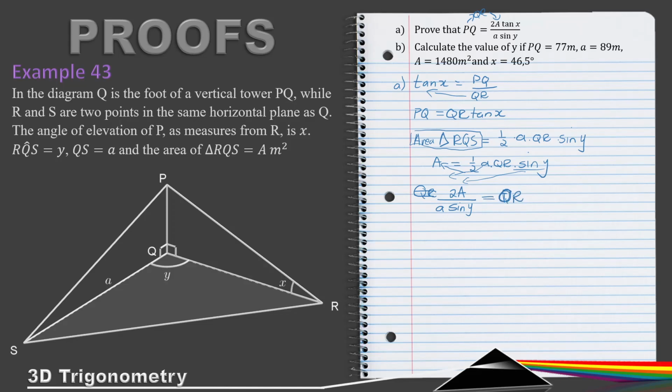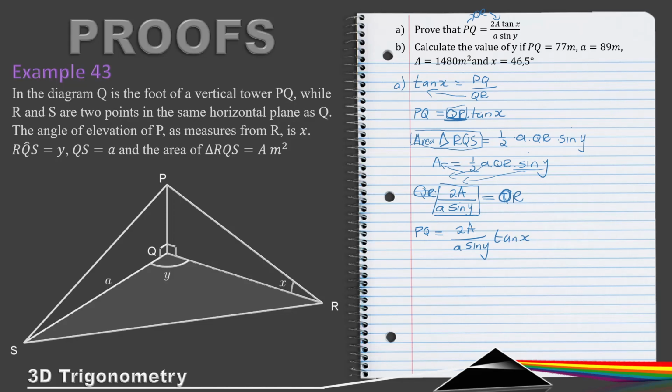Now we have QR, so we can substitute this value of QR in terms of A into our first equation. So PQ is equal to all of this, 2A over A sine Y, and then after that substitution, tan X.